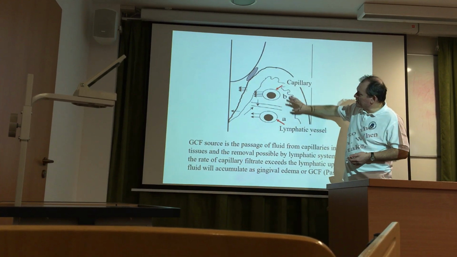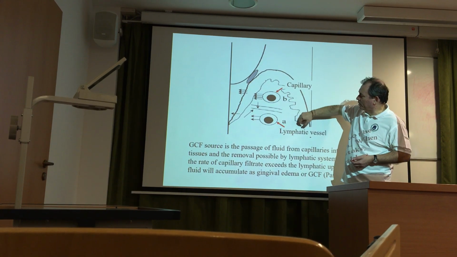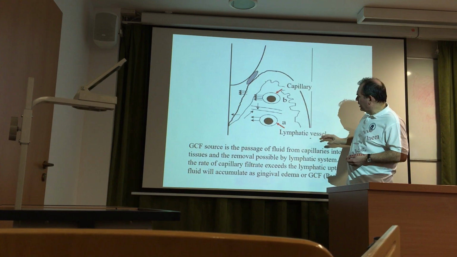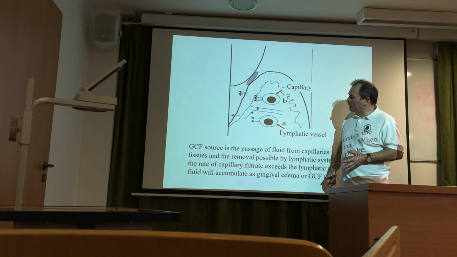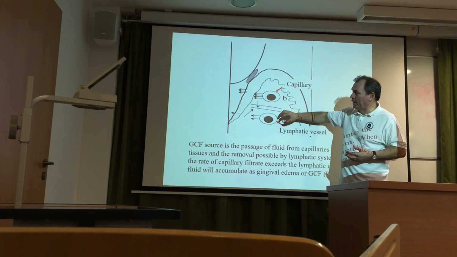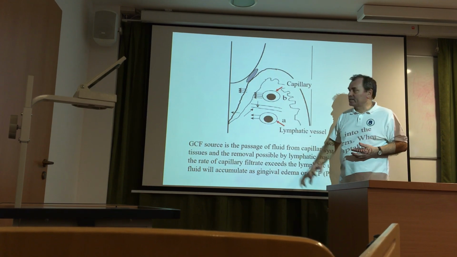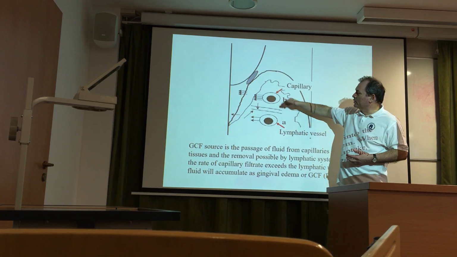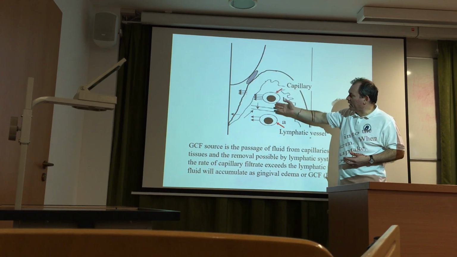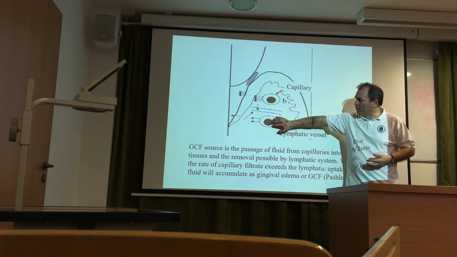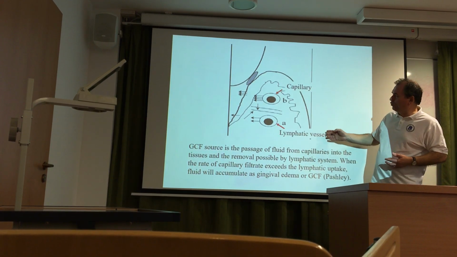But sulcus fluid production appears in the sulcus when the lymphatic vessel capacity to take away the fluid from the extracellular space is less than the production of the fluid.